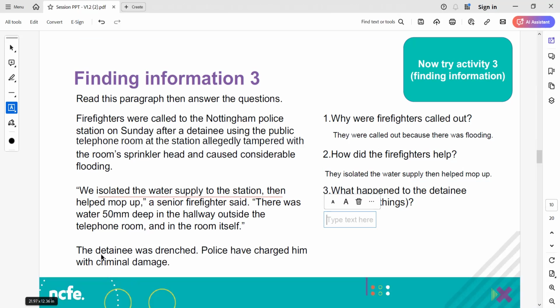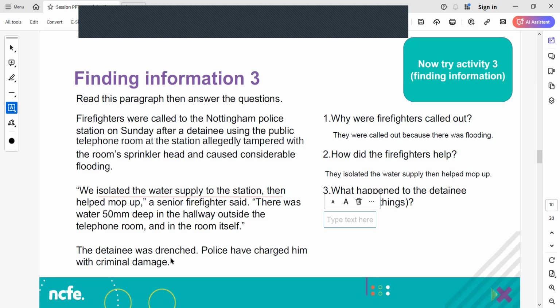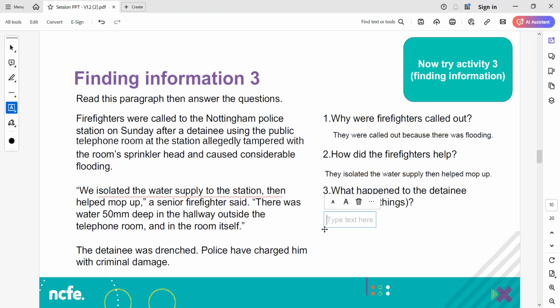Okay, so do we all know the meaning of drenched? I can tell you what that means if you're not sure. To be wet. Yeah, he wasn't just wet, he was absolutely soaked, wasn't he? If someone's drenched, they're absolutely covered in water, absolutely soaked through. Good. So what happened to the detainee?